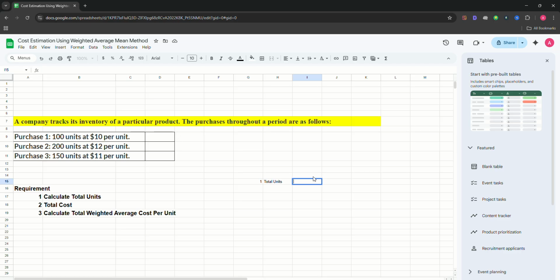So sum 100, 200, and 150. It's a mistake actually, so it's 150. So the first question has been solved.